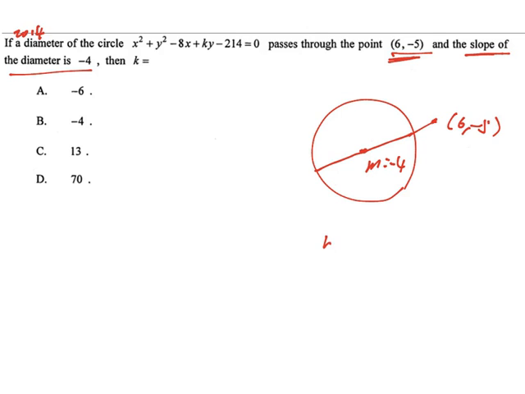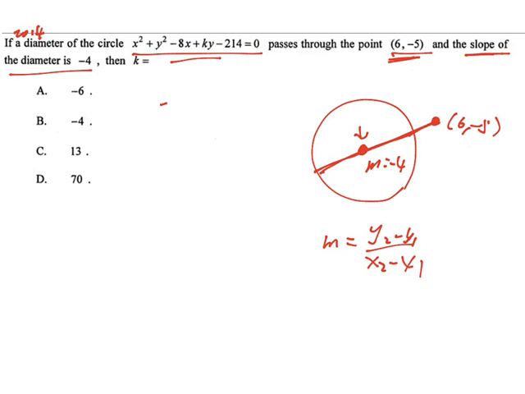So for slope, we need to use the slope formula. So we need to see the point here and then another point. For this straight line, because it passes through the center, if we have the center, we can find the slope. So for finding the center, actually we will use the equation of the circle.